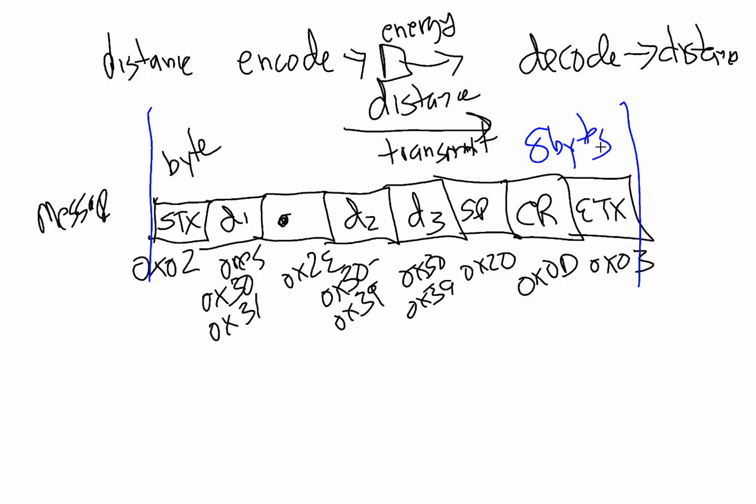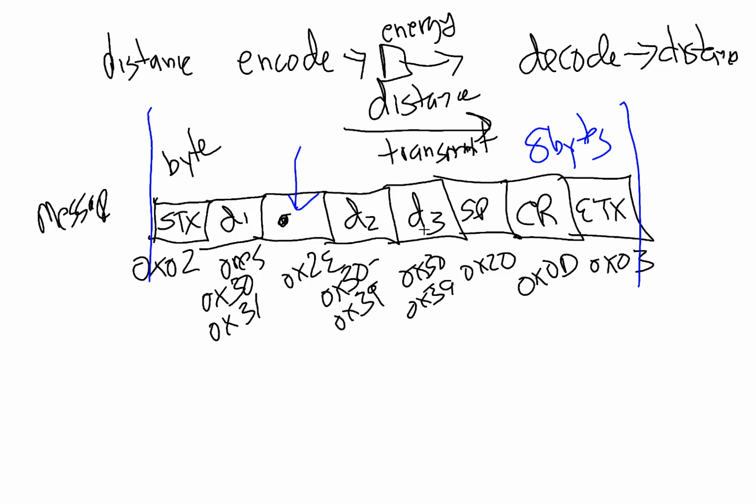In the next lecture, we'll zoom in and tell you how we send the bits. But in this lecture, we're going to encode the distance as 8 bytes of information in ASCII, such that we see the ones digit, the decimal point, the tenths digit, the hundredths digit, followed by a couple of special characters.